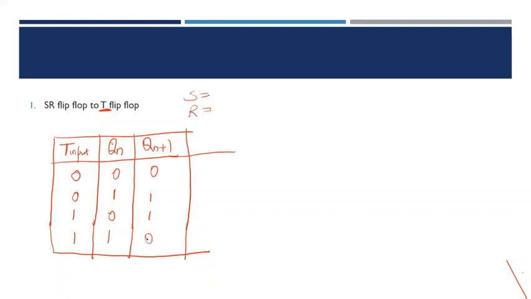Now, let's consider the flip-flop inputs S and R. We have to convert it into an SR flip-flop. So, next column for flip-flop inputs. We are having an SR flip-flop, so there will be two inputs S and R. Now, Qn is known.